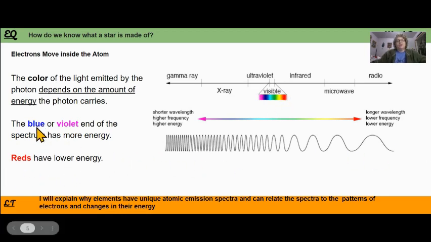So you're going to get blues when it's giving off a lot of energy, and you're going to get reds when it's not as much energy, much lower frequency. Okay. And so that is how we end up with these colors coming from these stars. And by looking at the colors that we get, or the wavelengths that we get, we can look at what these stars are made of.